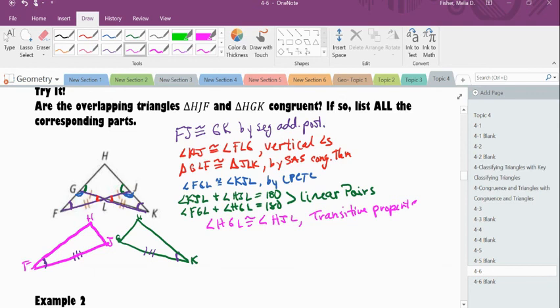So that gives us this angle, and that gives us this angle right here. So we can determine that triangle HJF is congruent to triangle HGK by angle-side-angle.